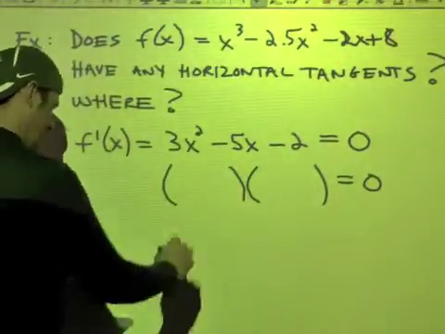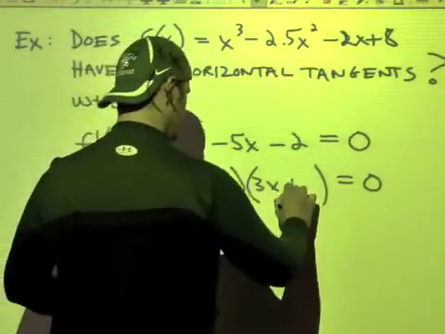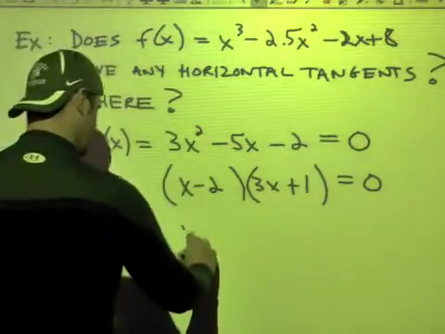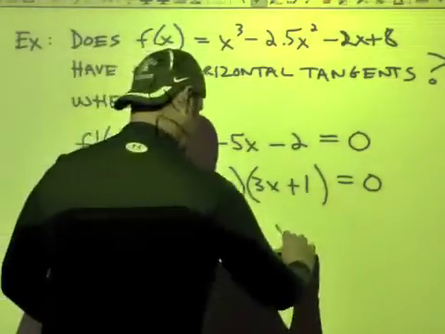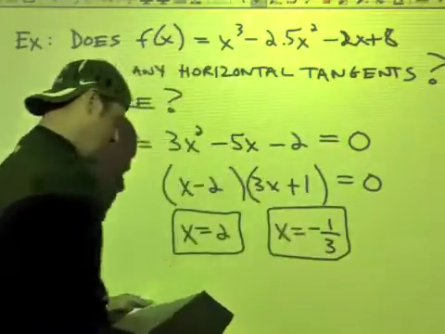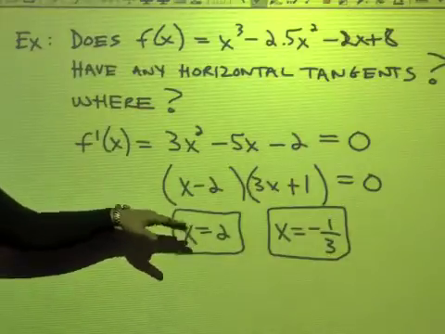And this factors as x minus 2 times 3x plus 1, which if you set each part equal to 0, that gives us the answer x equals 2 for that factor, and x equals negative 1/3 for that factor. So those are the two x values for which the tangent line is horizontal.